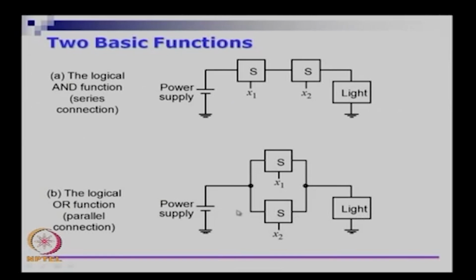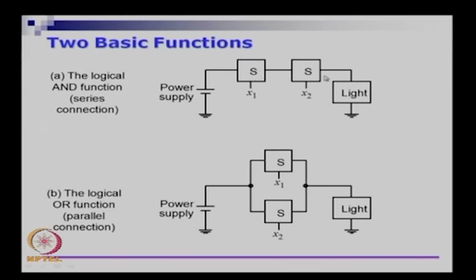So what happens in this setup is that either X1 or X2 should be on for the light to turn on. This we will call the logical OR function. So from this basic idea that this switch can be either on or off, we are now combining more than one switch to get some functions.